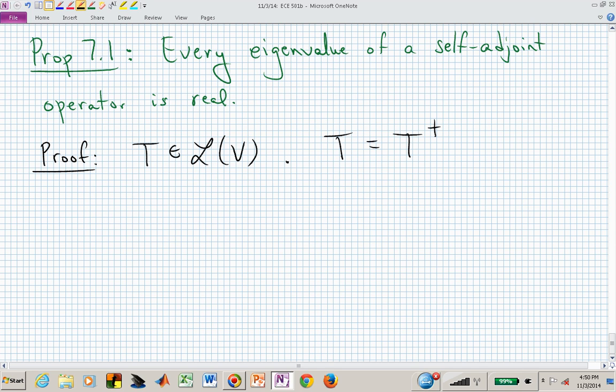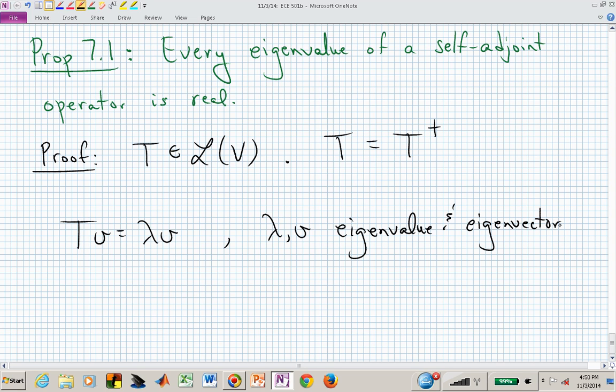You say, oh, that's great, lambda V. So TV is lambda V. And we're saying that lambda and V are the eigenvalue and eigenvector associated with T, and T could have several of these. But now let's just keep them in general terms.